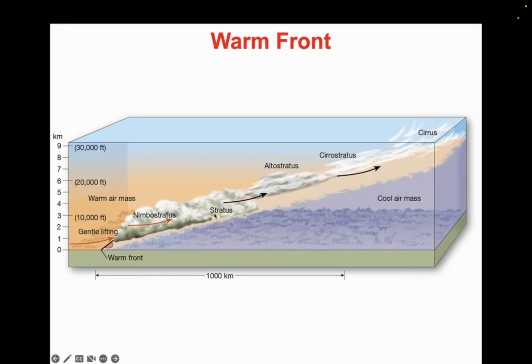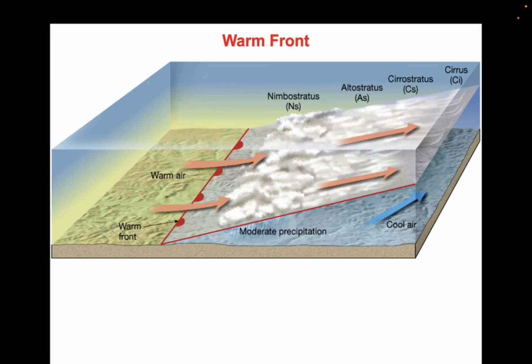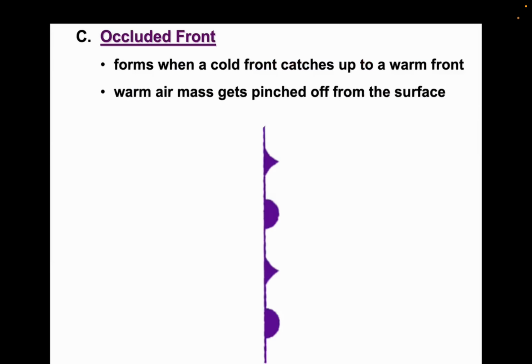So as the air stabilizes, we have changing cloud formation from nimbostratus to the thinnest clouds at the top of the atmosphere, the cirrus clouds. The warm fronts are typically associated with moderate precipitation. They're not as violent as cold fronts, right?